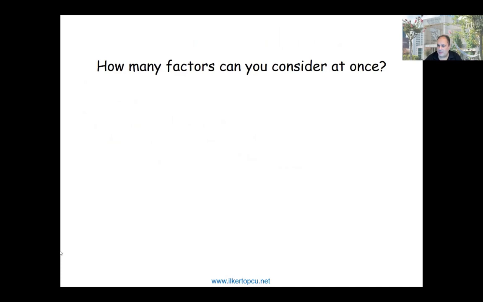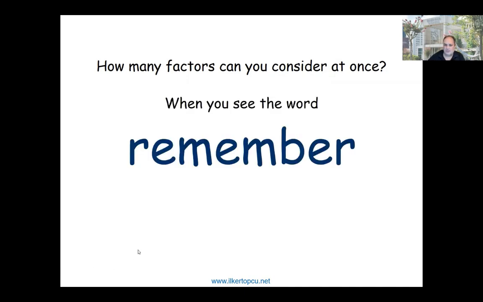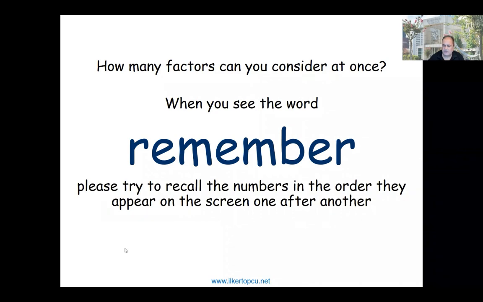Now, if you are ready, let's do an experiment. Maybe you have seen this before somewhere else, but I hope you haven't. I will ask how many factors you can consider at once. You will see the word remember on screen, and then I will have you try to recall the numbers in the order I have shown you, one after another.